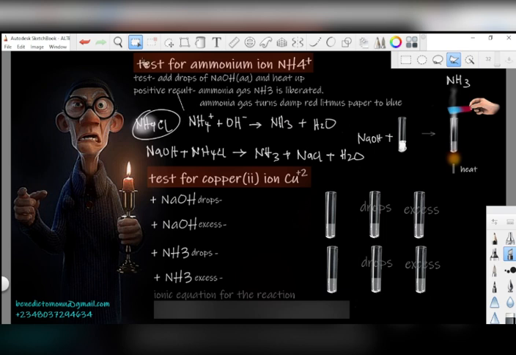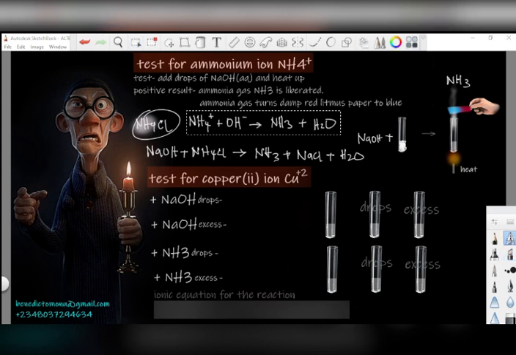Should the exam question ask you to write the ionic equation, this is the ionic equation for that reaction. So the formation of ammonia gas confirms that the sample contains the ammonium ion. So you have identified the positive part of that salt.